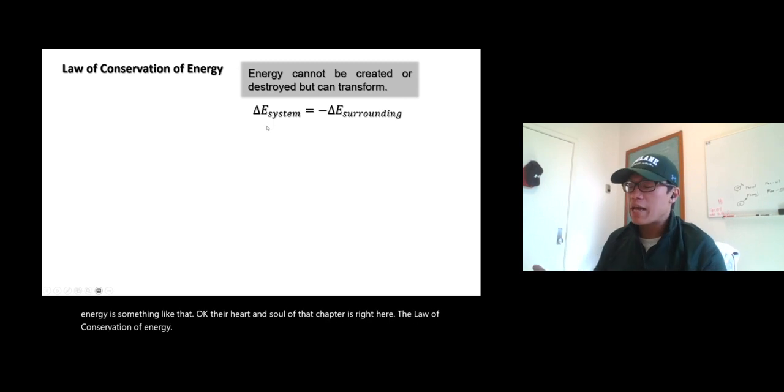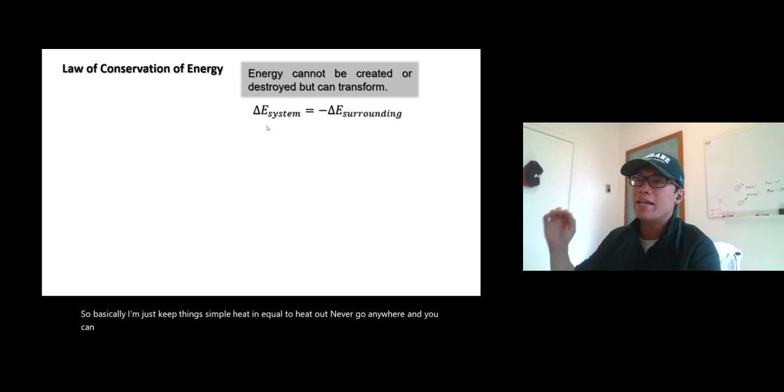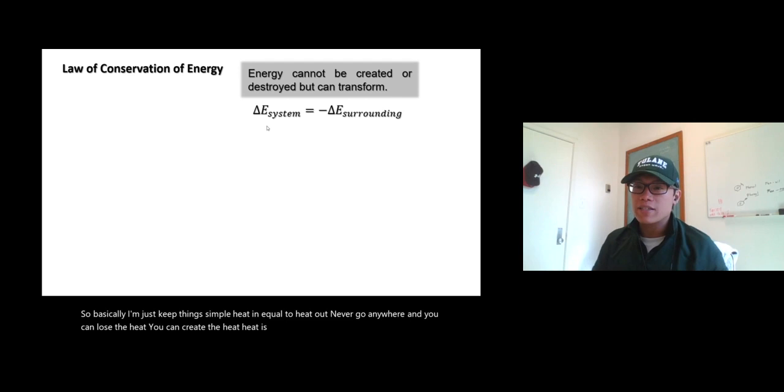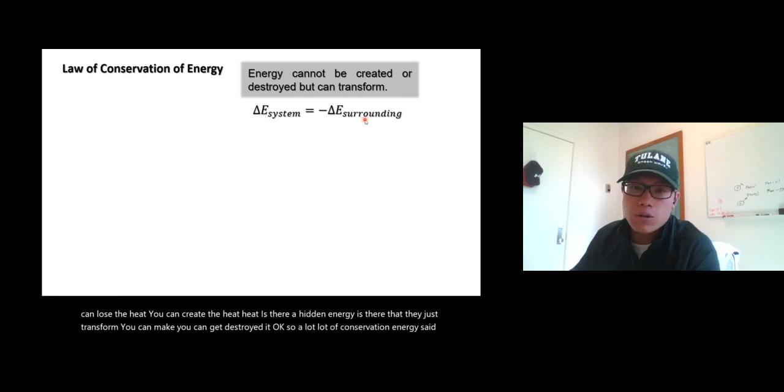Basically, I'll keep things simple. Heat in equals heat out, never goes anywhere. You can't lose the heat, you can't create the heat. Heat and energy are there, they just transform. Law of conservation of energy says heat in equals heat out.